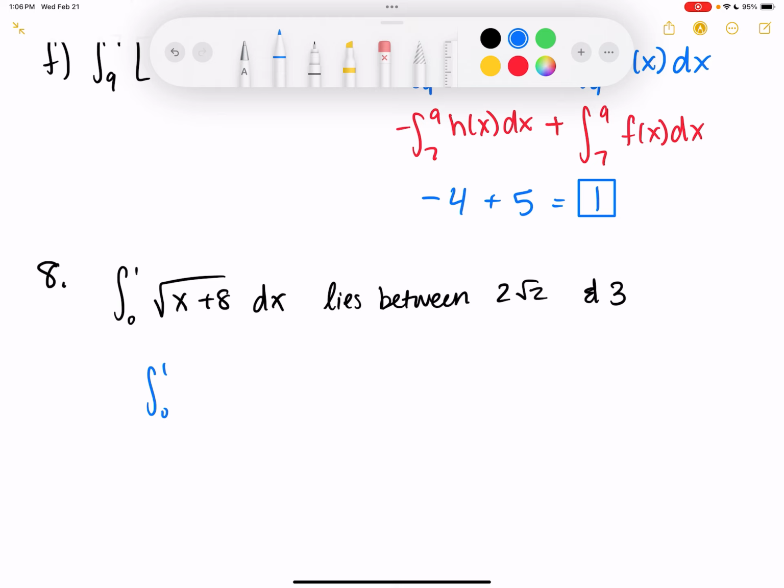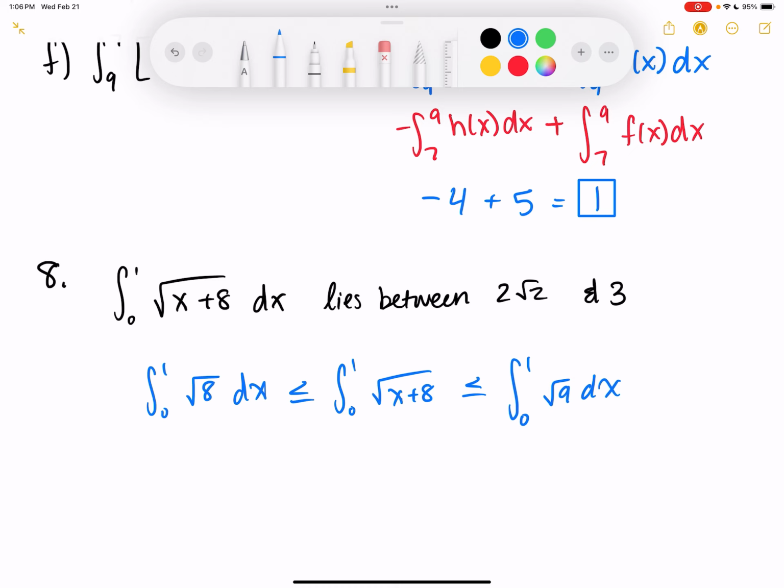So this would be the square root of 8 dx, which should be less than or equal to what was given to us, the integral from 0 to 1 of the square root of x plus 8. It's less than or equal to the integral from 0 to 1. Now we're going to imagine that x is 1, and so that would mean the square root of 9 dx. Okay, we're imagining it's 1.